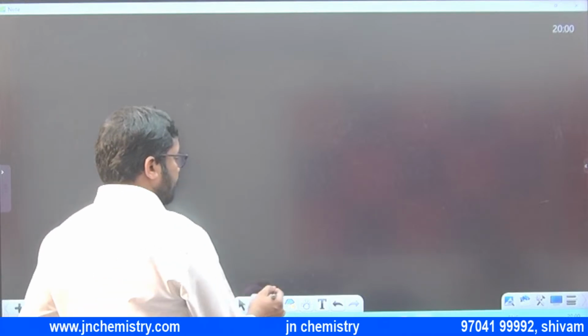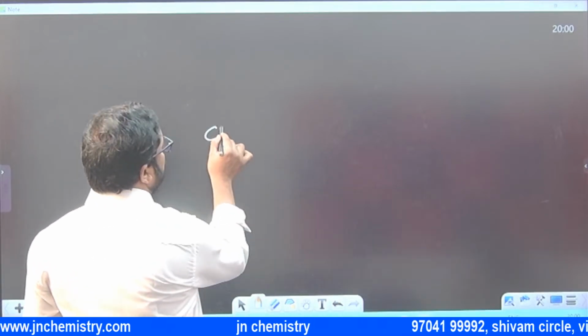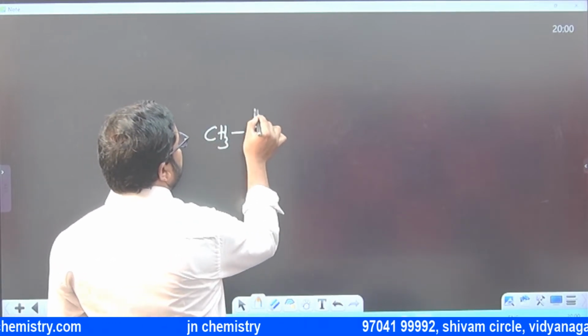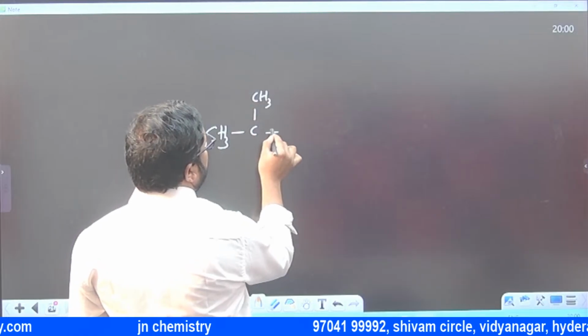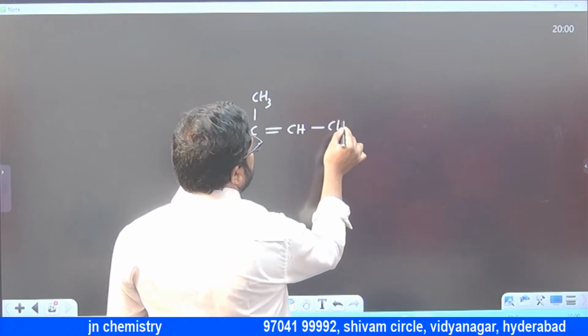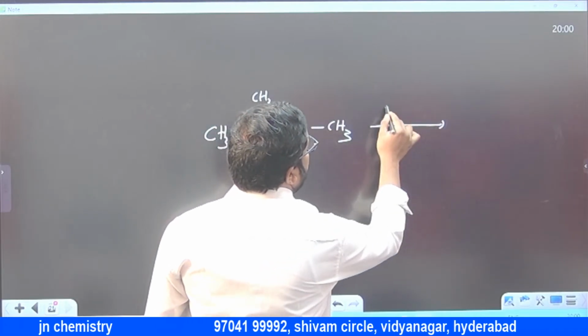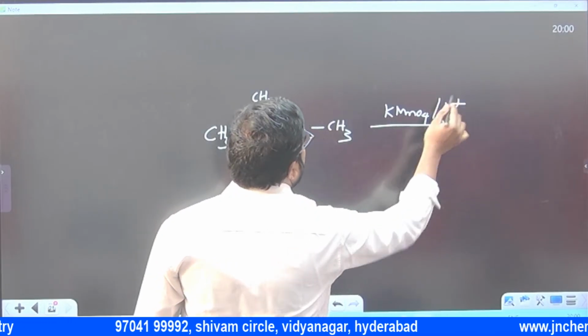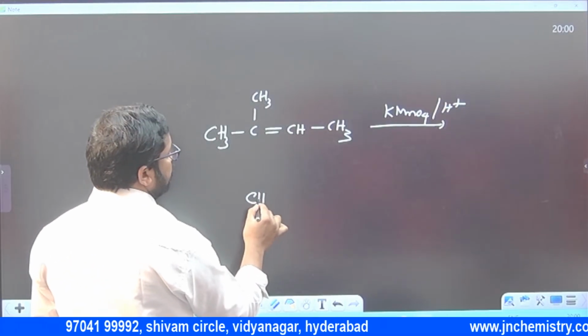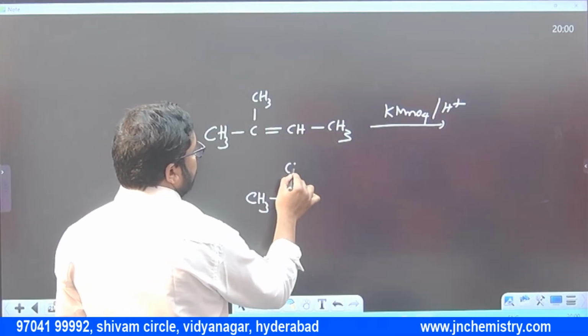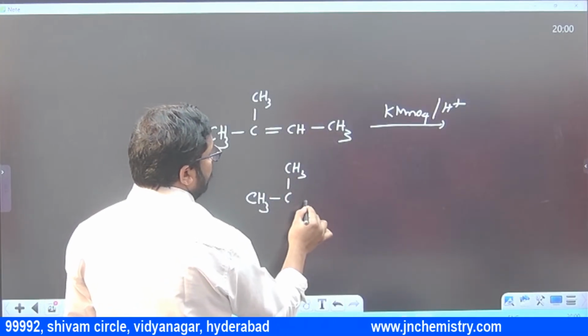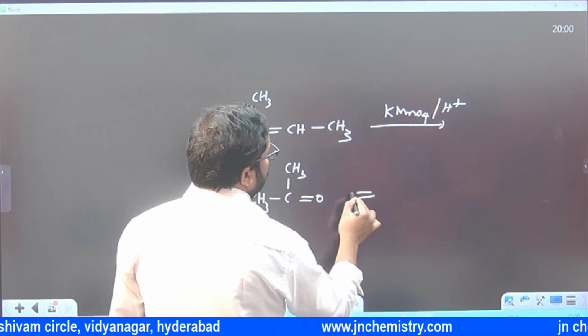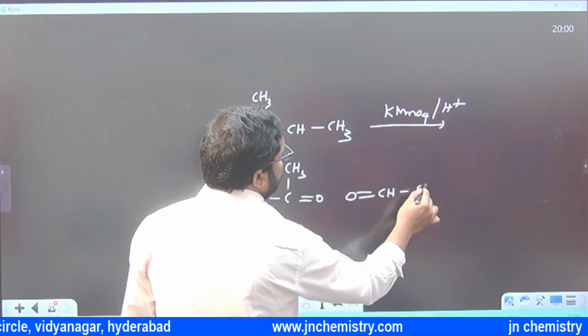For example, like this compound is given, CH3, CH3 double bond CH, CH3. Same KMnO4, H plus, acidic medium. What exactly happens now? CH3, CH3 double bond O, CH, CH3.